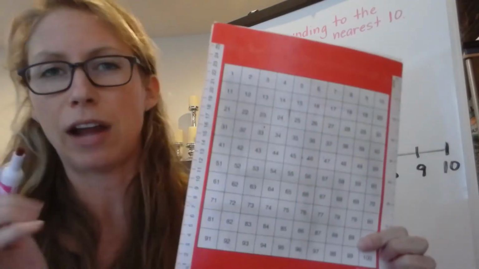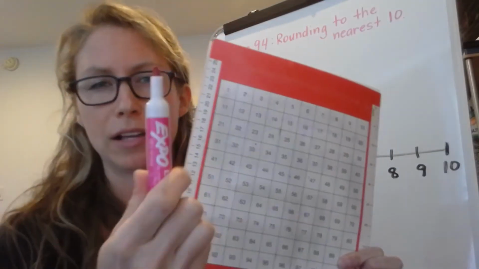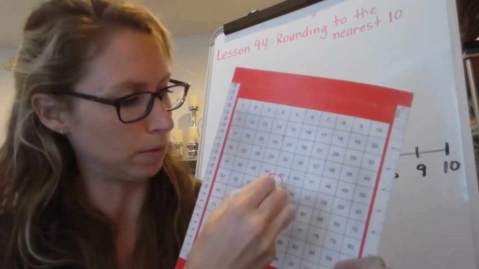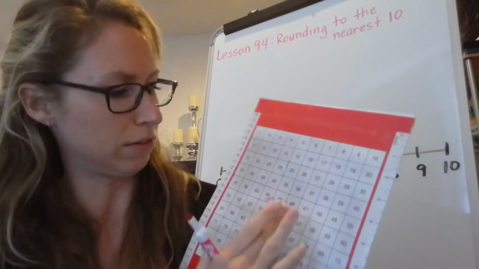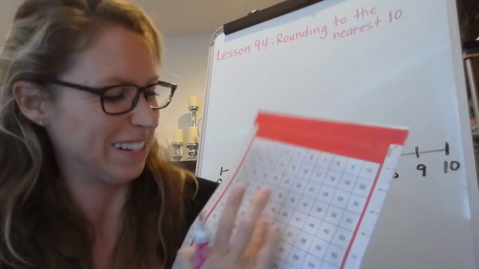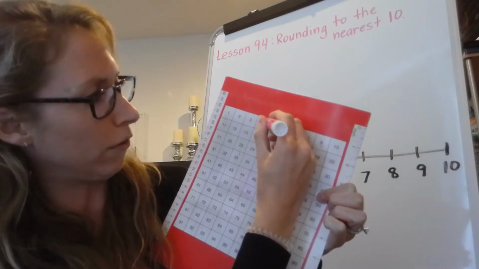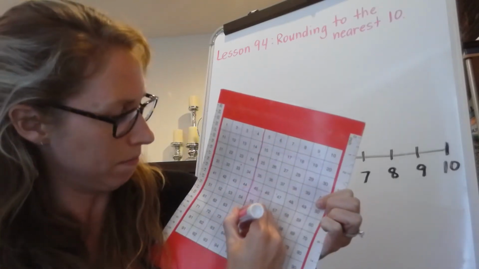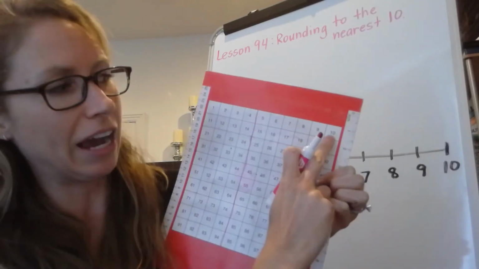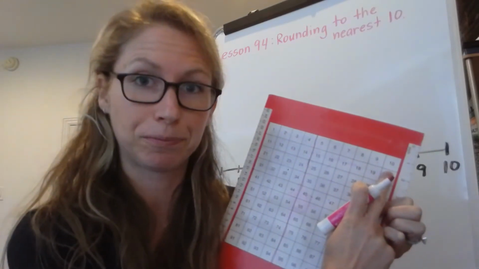And I wouldn't draw on your math folder. As you know, I sometimes use my whiteboard marker to draw on it because it erases pretty well. Not that well. But you can draw an imaginary line between the 4 and the 5. Everything on this side rounds up to the next 10.